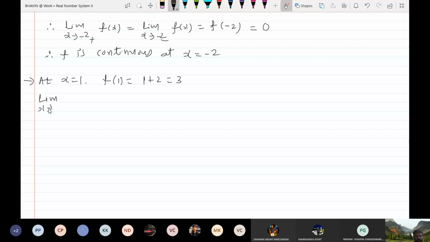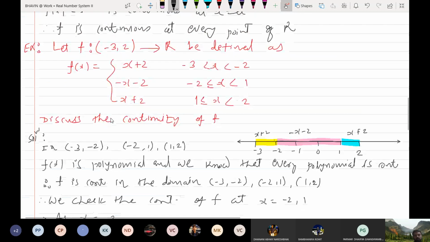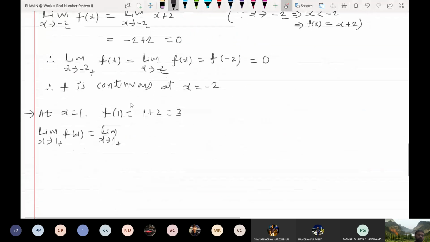Now let's find out its right limit, limit x tends to 1 plus f(x). If x tends to 1 plus, then the definition x is greater than 1. Therefore, we are approaching 1 from right, so x comes in this blue portion. So the definition of function is x plus 2, so I should write x plus 2.